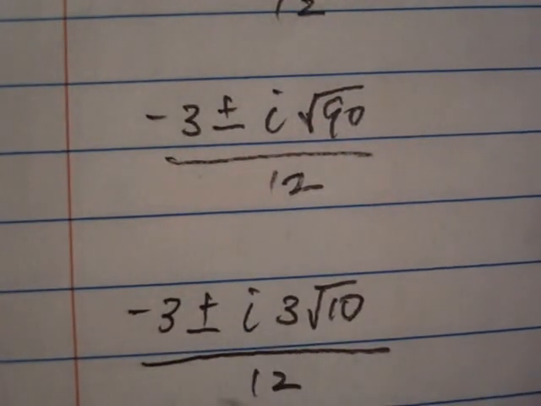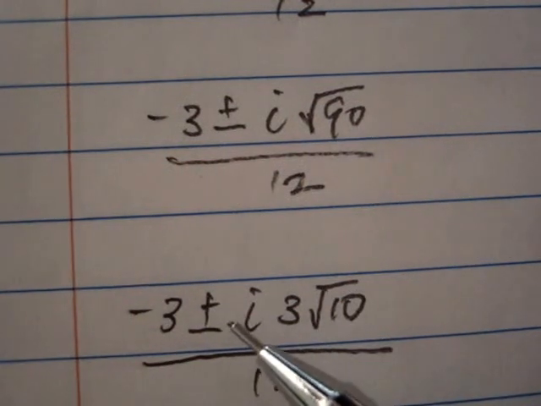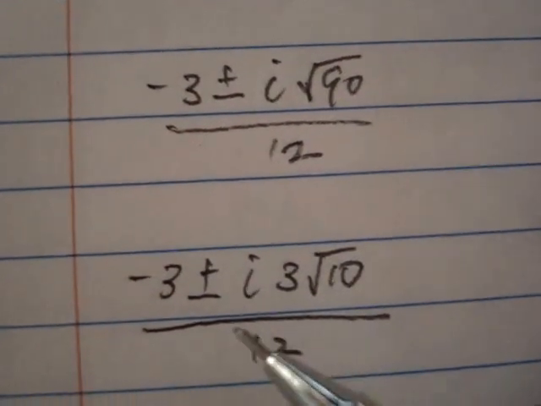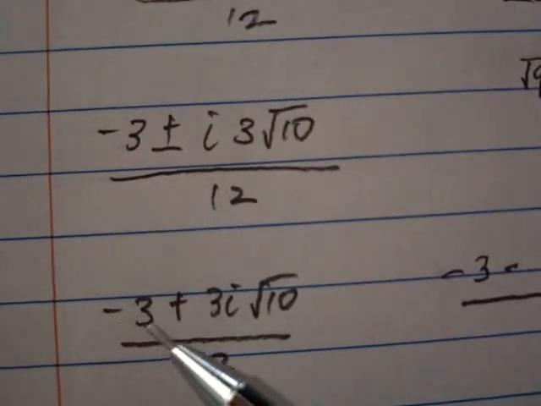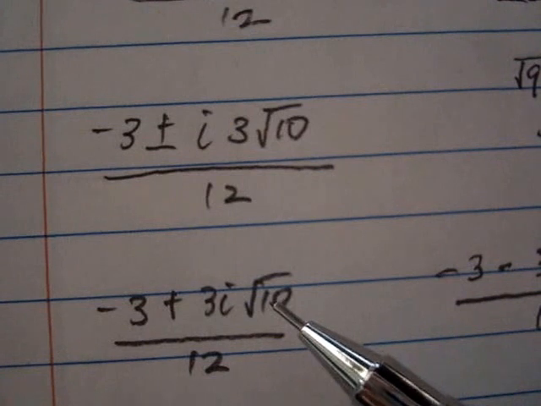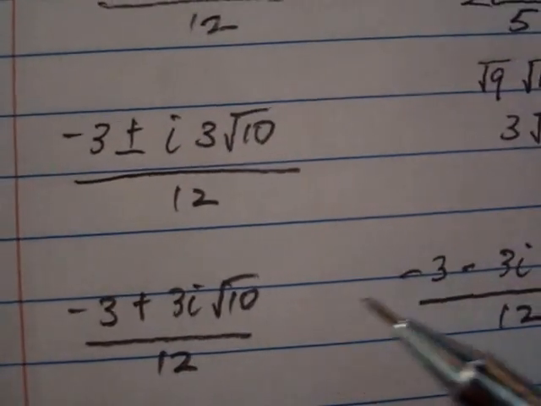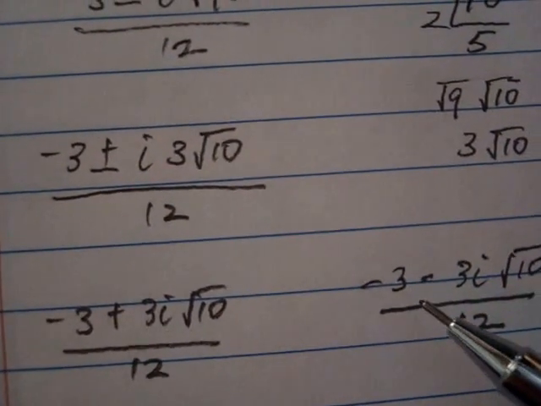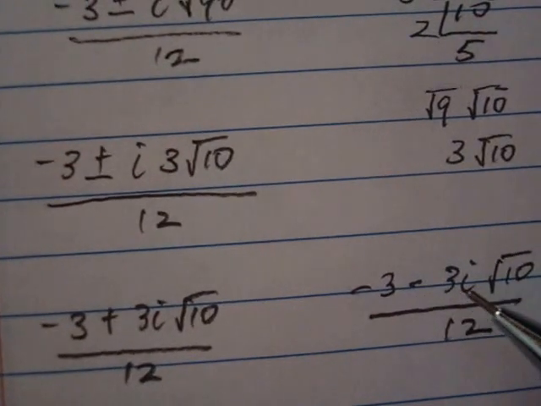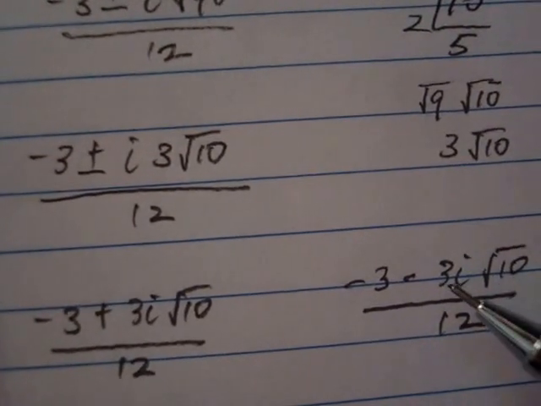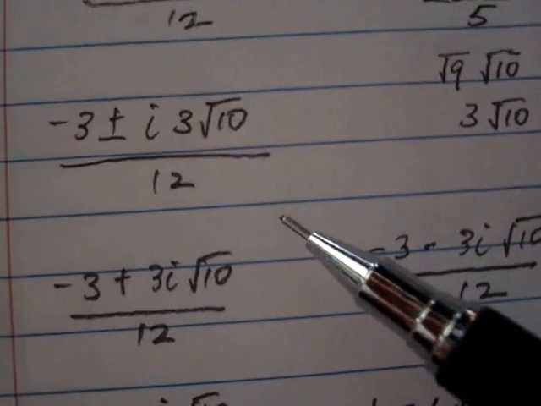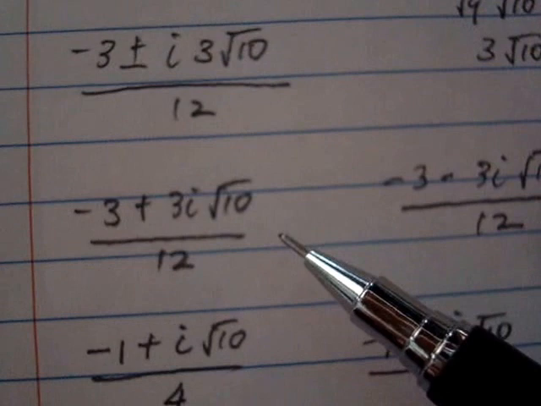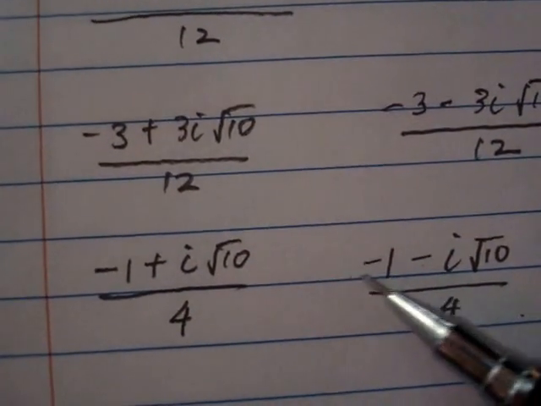Once you have this number right here, the plus or minus can be separated out like this. So it will be negative 3 plus 3i radical 10 divided by 12. And the other number will be negative 3 minus 3i radical 10 divided by 12. So the two x values for this quadratic equation will be these.